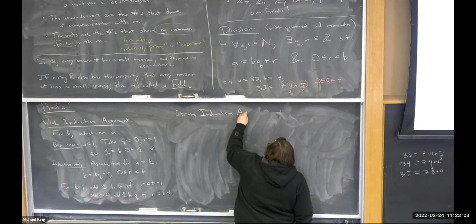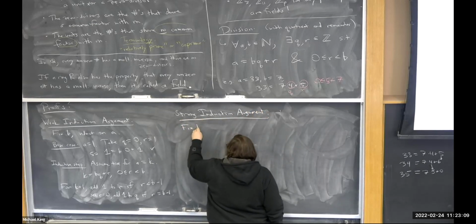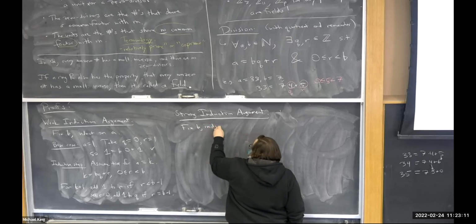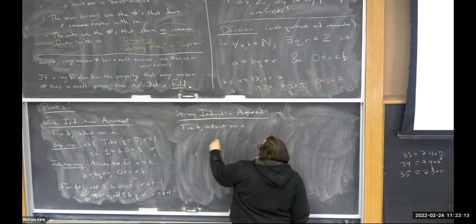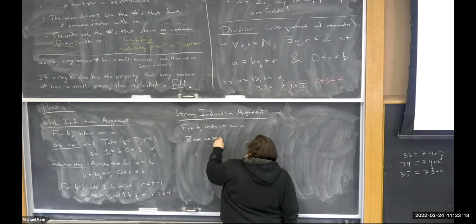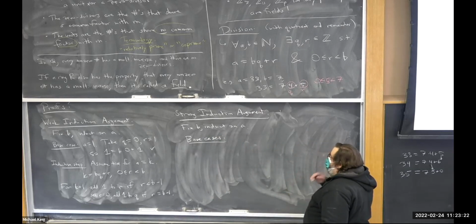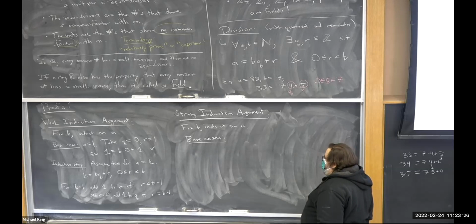And again, you would fix B and induct on A. For the base cases, everything from A equals 1 up to A equals B, you could just write down explicitly.